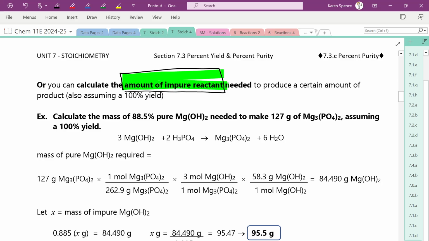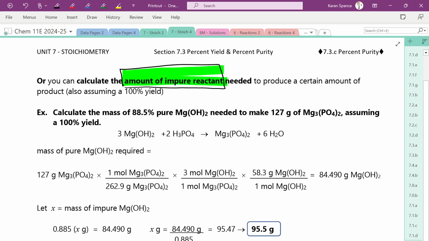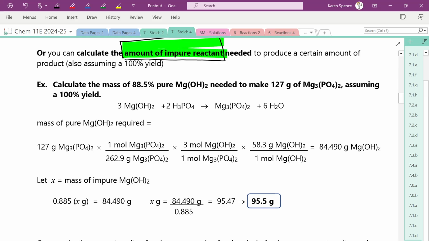So we want the mass of the 88.5% pure MgOH2. So that's our impure MgOH2. I know it's weird to say it's impure when it says pure, but it's just 88.5% pure. So it's impure. Did that make any sense?